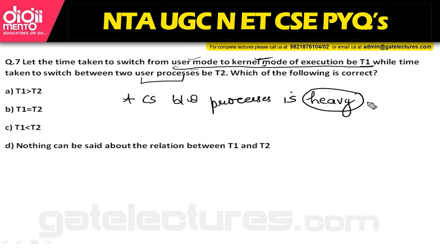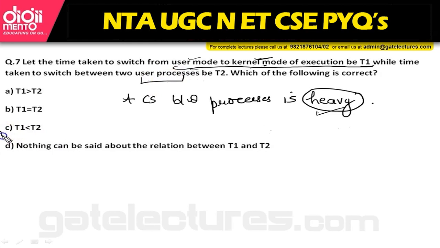So we will free the resources being used by that process, so it will obviously take time. Always remember this point: the context switch between user processes is heavy. Kernel mode is a different thing; user mode and kernel mode are different. When we do the context switch between processes, it will be heavy.